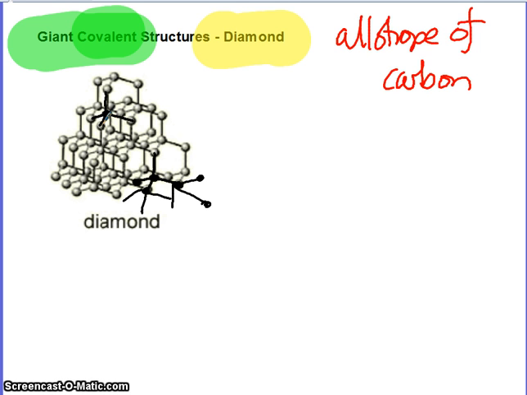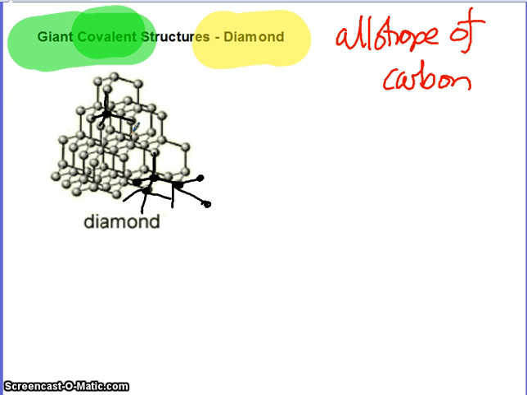that gives diamond a very, very high melting point, an incredibly high melting point. It also makes it incredibly hard. You need a huge amount of force to break a diamond, because as soon as you start applying force here, you're pushing against not just one covalent bond, but against millions within this giant three-dimensional structure.